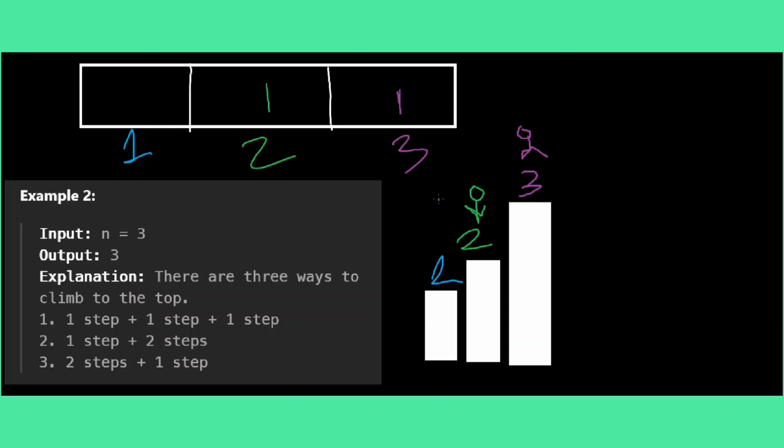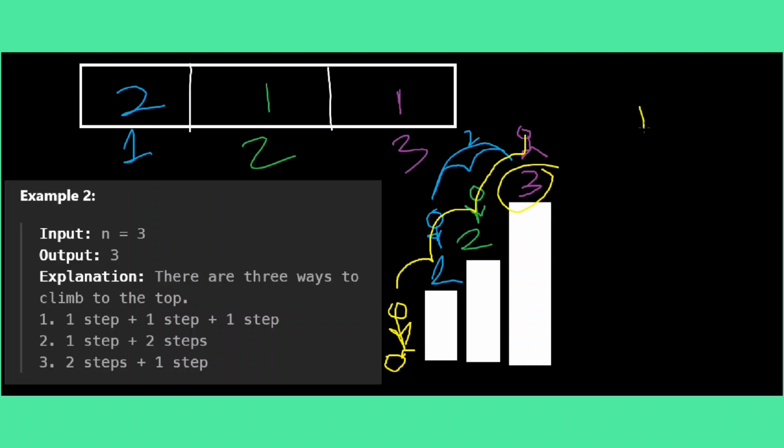Now let's say we were at step number 1. Then there are two ways, right? I can take 2 steps, or I can take 1 plus 1 step. So there are two ways. So 2, 1, 1. Okay, great. Now what if I was at step number 0 here? And that's the question, right? We are at step number 0 and we need to reach step number 3.